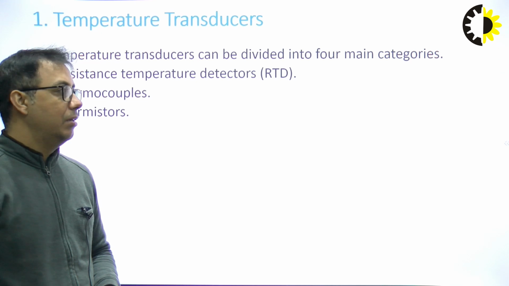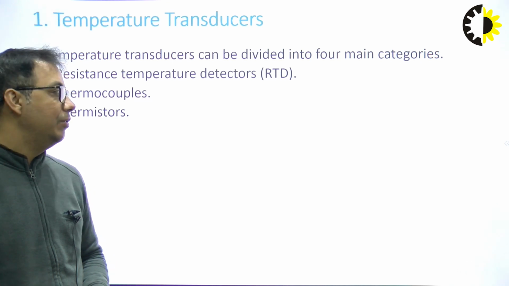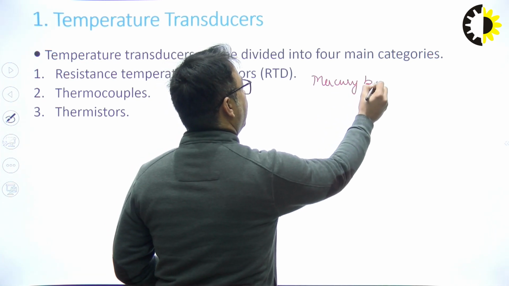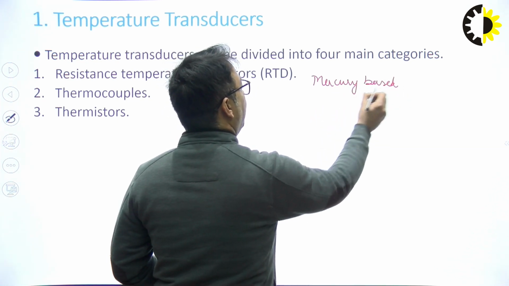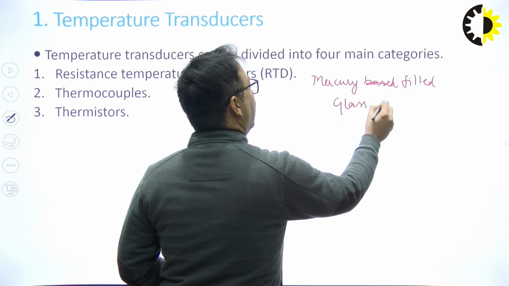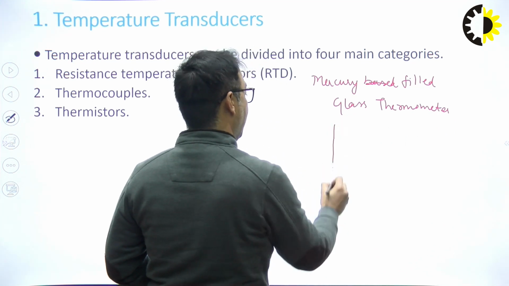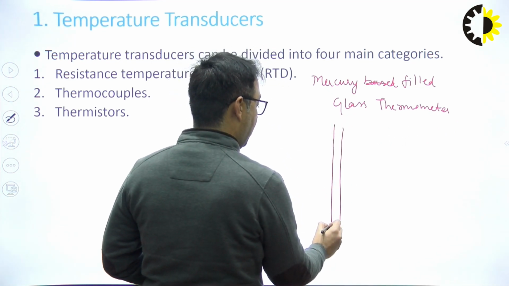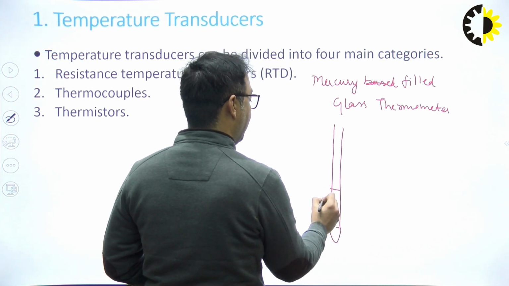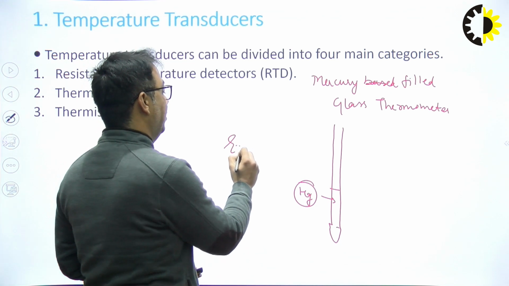Okay, so the basic temperature sensor which we are very well aware of is the mercury filled glass thermometer. It is having a glass tube which is filled with mercury in it, and it is based upon the principle of expansion.